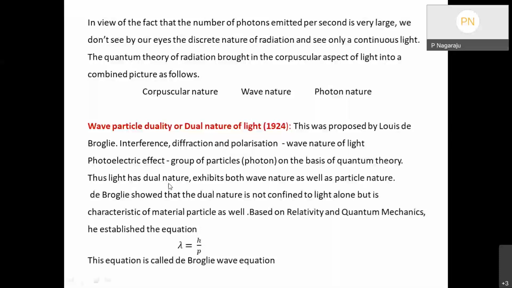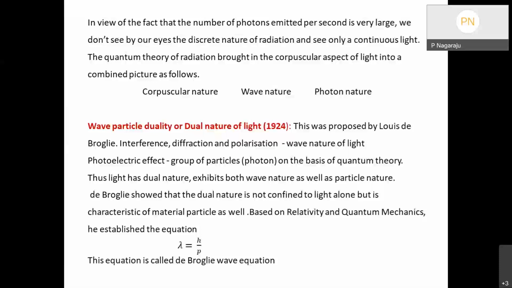According to de Broglie, the duality in nature is not confined only to light, but it is the characteristic of material particles such as electrons, protons, and neutrons. Based on relativity and quantum mechanics, de Broglie established an equation, lambda is equal to h by p, where lambda is the wavelength, which exhibits the wave nature, and p is the momentum.